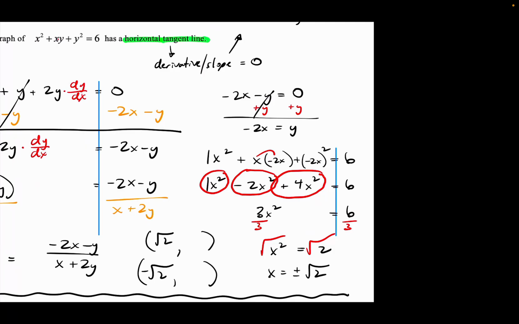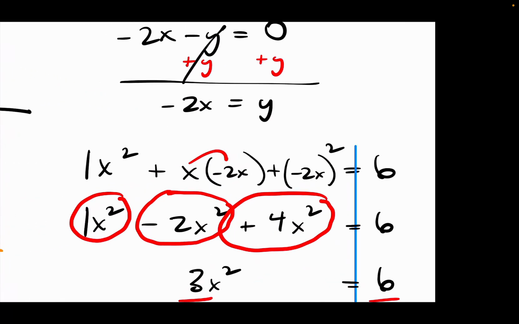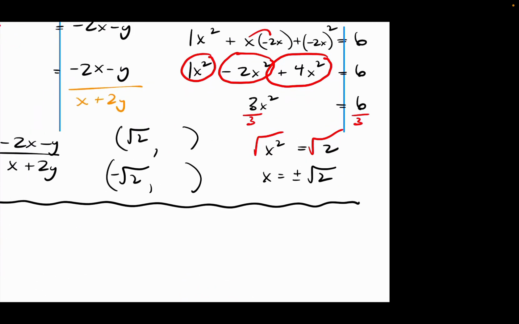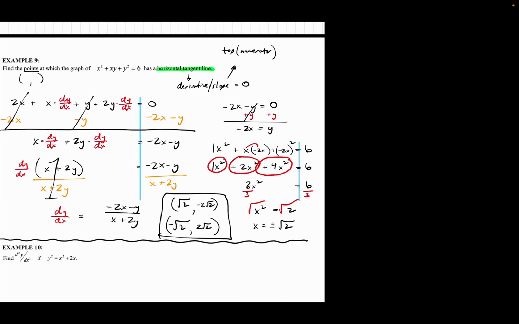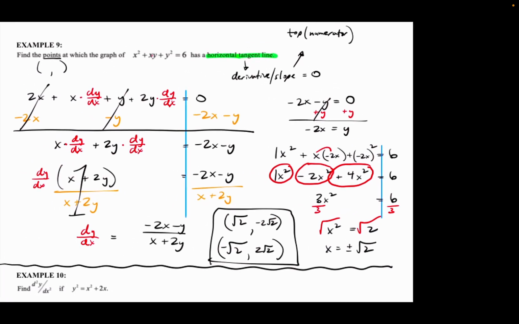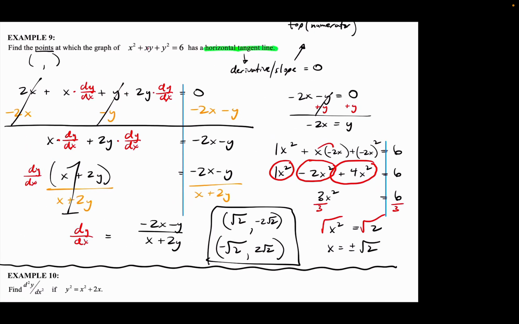How do we find y? Yeah, plug it in right there. So it's going to be negative 2 times whatever x is. So negative 2 square root 2, positive 2 square root 2. Because it's just negative 2 times whatever x is. There it is.